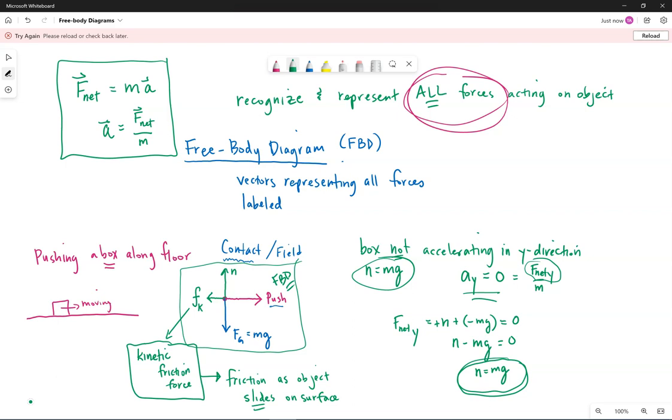If you are not yet at that point, which is totally fine, I'm going to walk through this process of talking about acceleration and relating that to net force to come up with these relationships between the forces. So when we say n equals mg, we're just saying the floor has to push up on this box as hard as the force of gravity is pulling downwards. That's what that means. And we get to that point by reasoning through Newton's second law.